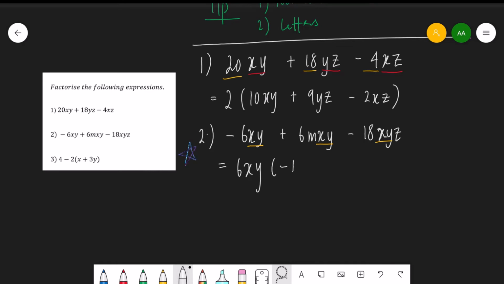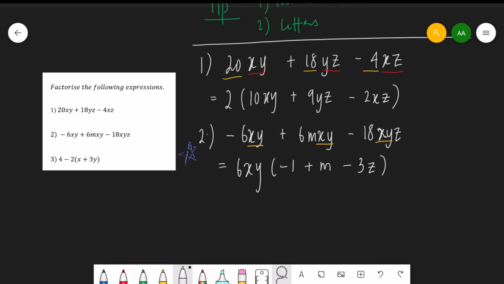We have negative 1. If we take out 6xy from 6mxy, we are left with plus m. And last one, I'm going to be left with 3z. Okay, so this is my outcome. Number two is an important section in this chapter. So that's our answer for number two.